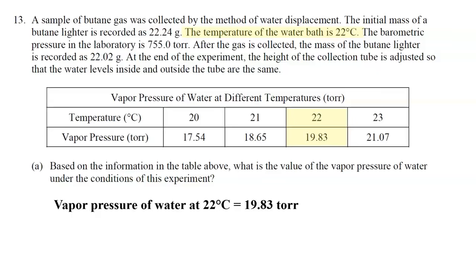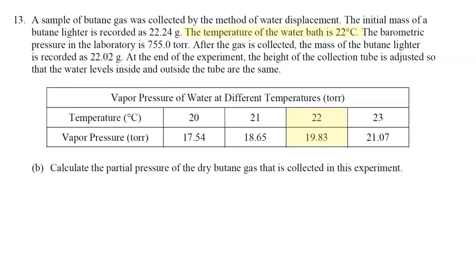Now let's take a look at part B of this question. Part B says calculate the partial pressure of the dry butane gas that is collected in this experiment. And you might be wondering, why do they say dry butane gas? Well, the reason why they say dry is without water. So during the method of water displacement, you will have a mixture of whatever gas you're trying to collect mixed in with a little bit of water vapor.